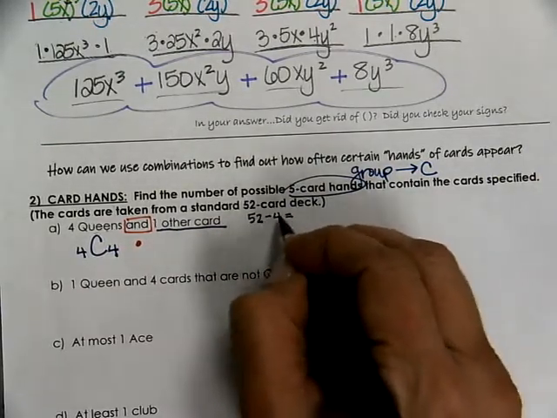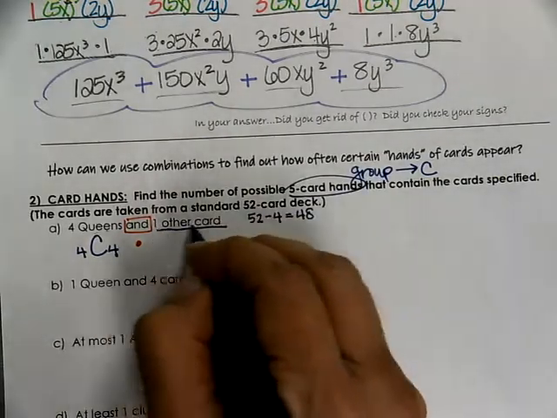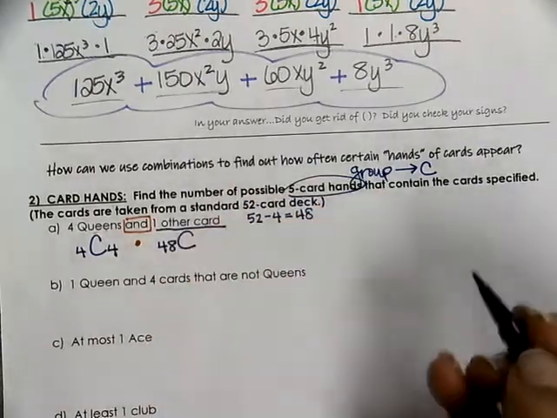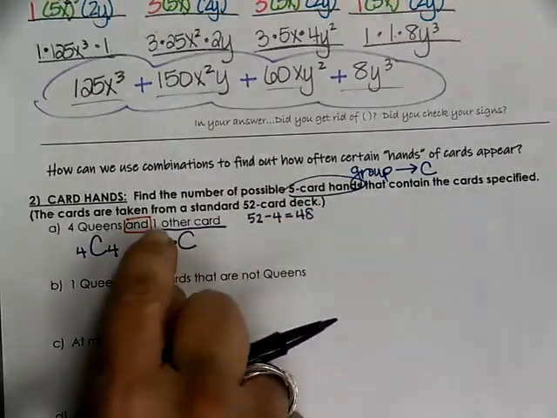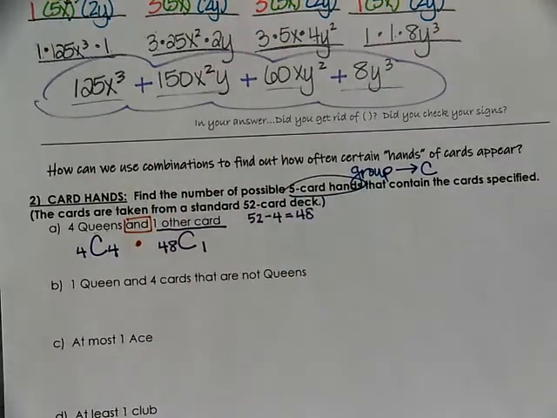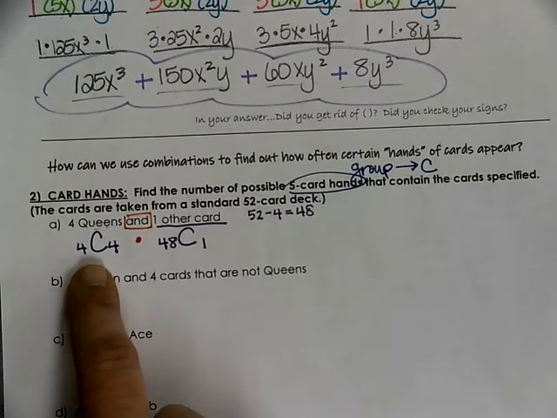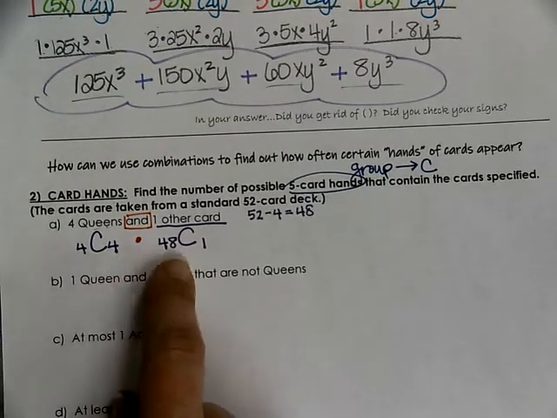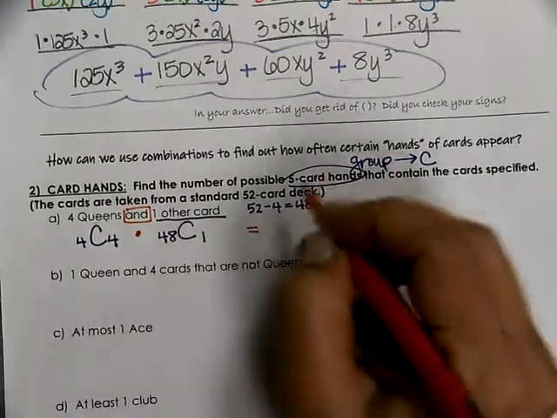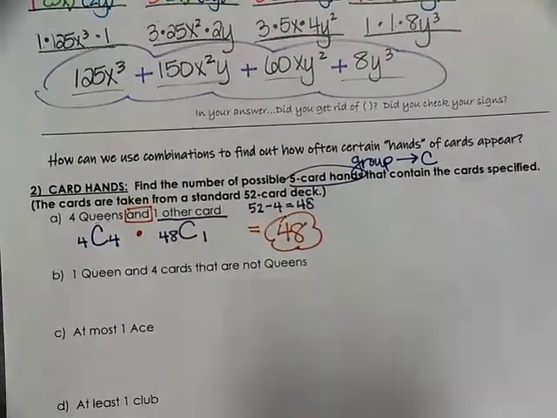So other than queens would be 52 minus 4, which is 48. So as far as other cards, there are 48 cards to choose from. And this is saying that we're going to have one of those. And so then we could just type that in. We could type in 4C4 times 48C1. And in case you don't have your calculators out, I'll tell you that that ends up giving us 48.